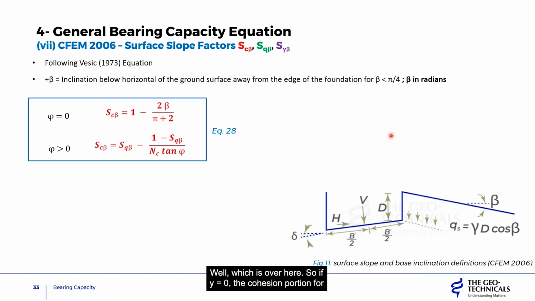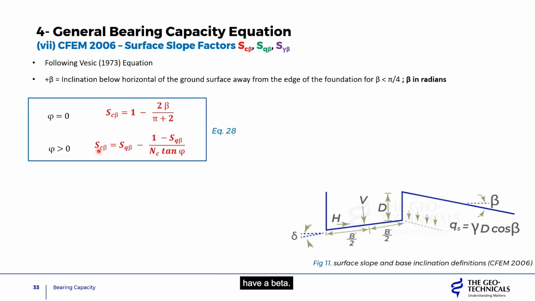Which is over here. So if phi equals 0, the cohesion portion for the surface slope is 1 minus 2 beta, and beta should be in radians, all over pi plus 2.